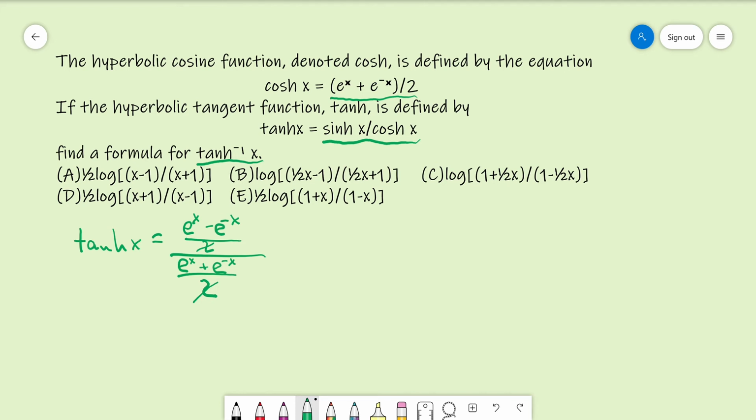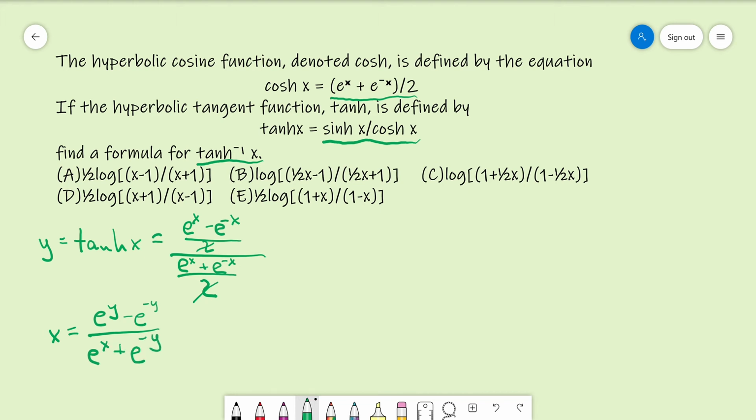So in order to find the inverse, we're going to switch our x's and y's. Here, this is y. So we'll have x equals e to the y minus e to the negative y over e to the y plus e to the negative y.